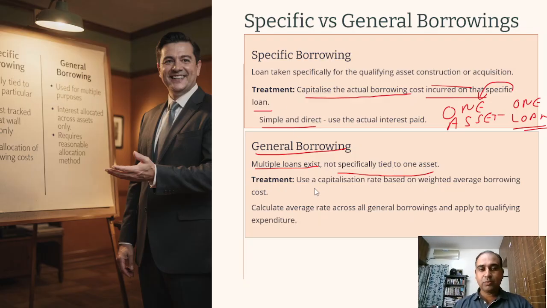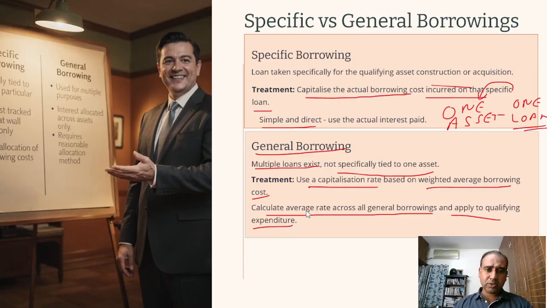Okay, so in such a case, we use a capitalization rate based on the weighted average borrowing rate, weighted average borrowing cost. So if there are multiple loans, we calculate the weighted average borrowing cost. So calculate the average rate across all general borrowings and apply it to qualifying expenditure. We also have to see how much of the expenditure will qualify for capitalization.